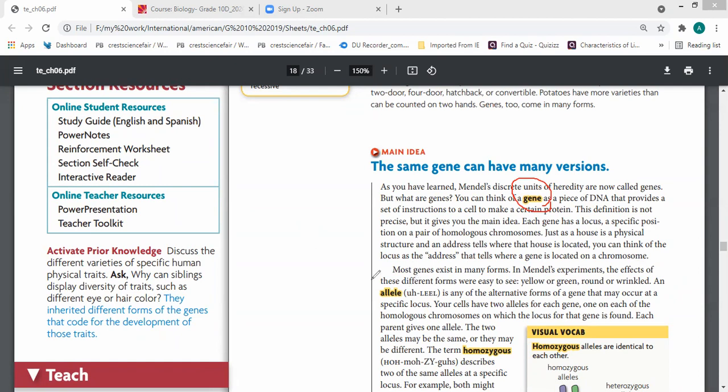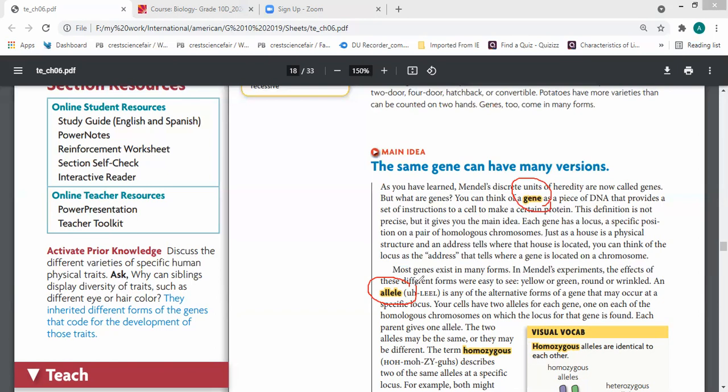The next scientific term, allele. Allele means the different forms of the same gene. Like what? Like the flower color in the pea plant.